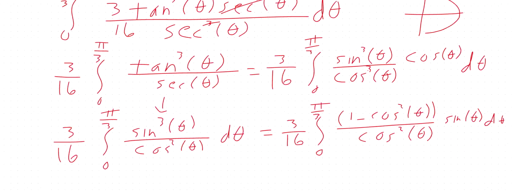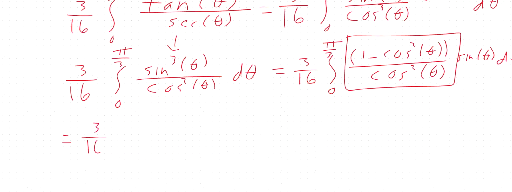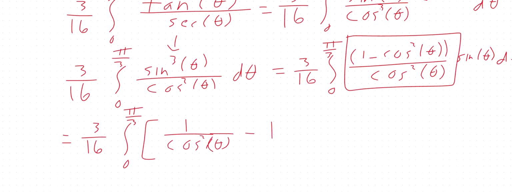Now this part in the middle, that fraction, can be simplified. And so we can split up that fraction to a 1 over cosine squared. And let's just leave it as 1 over cosine squared. Minus 1 times sine.